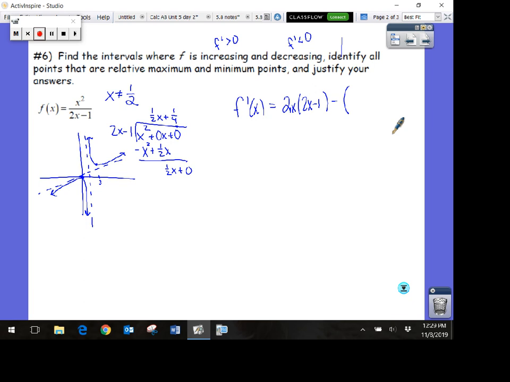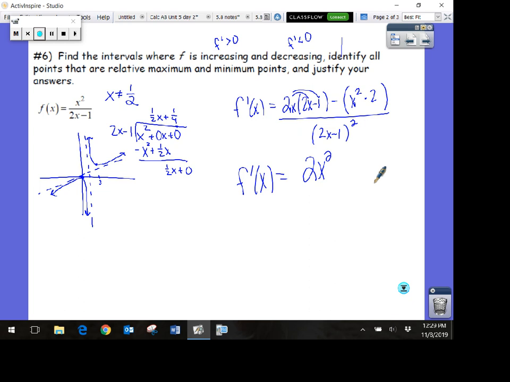It just depends if there's more than one term. We put the parentheses just to be safe. x squared times 2, over 2x minus 1 squared. So we distribute that in. So f prime of x, we have 4x squared minus 2x squared.